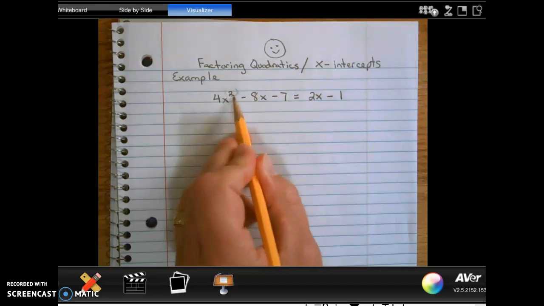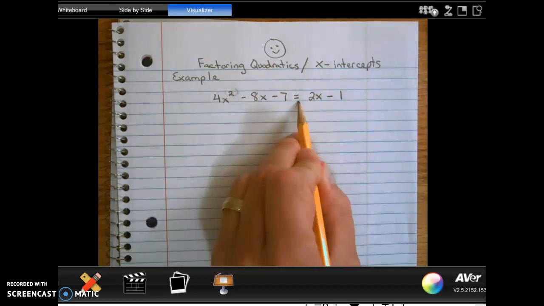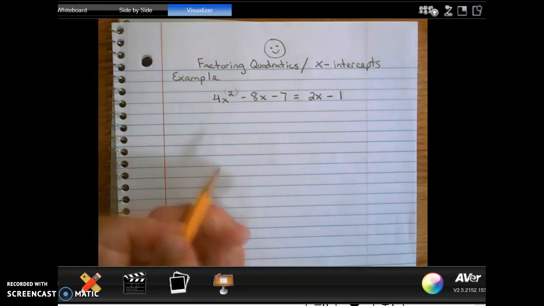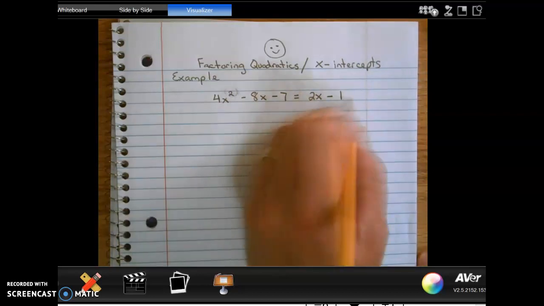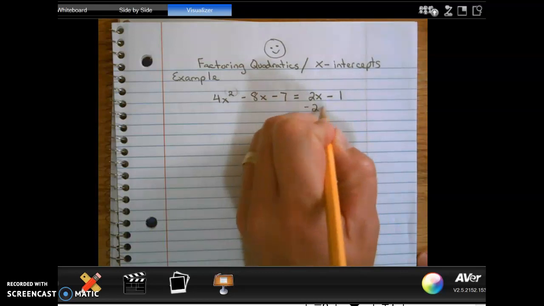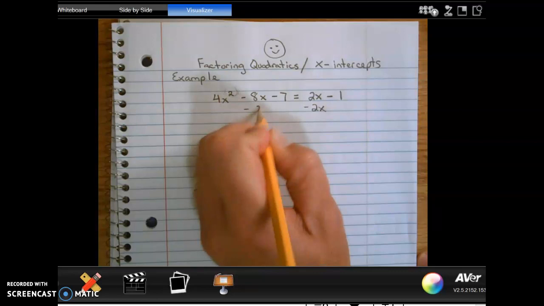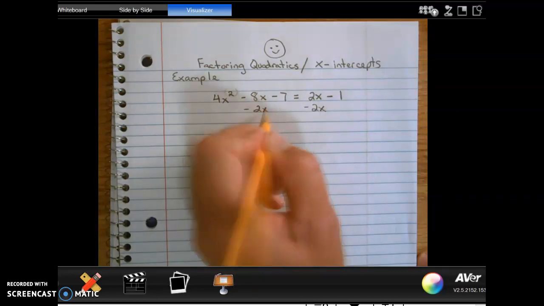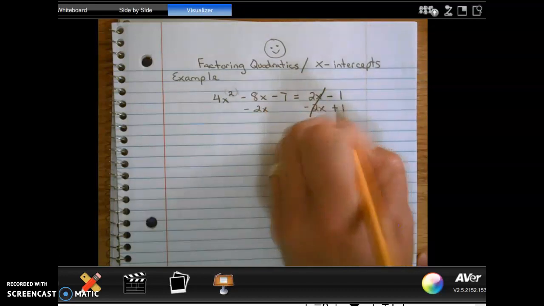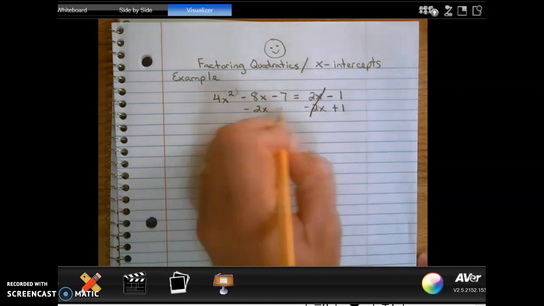Okay, so remember the first thing we do is we set the equation equal to 0. Very good. So we're going to go ahead and cancel these two terms out on the right side. Notice I'm putting it underneath the like term. Canceling this term out, notice I'm putting it under the like term.